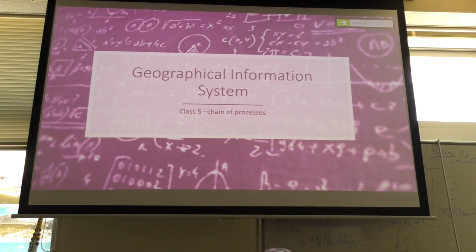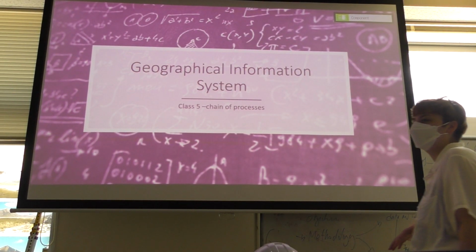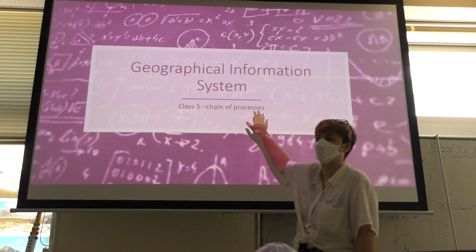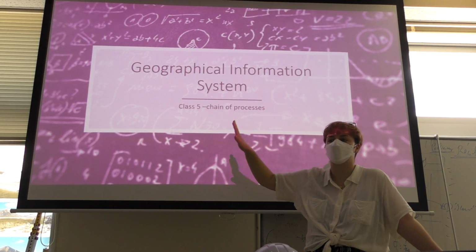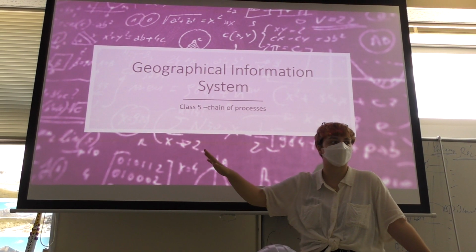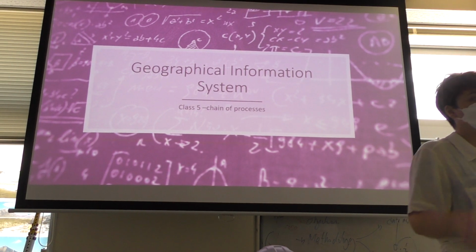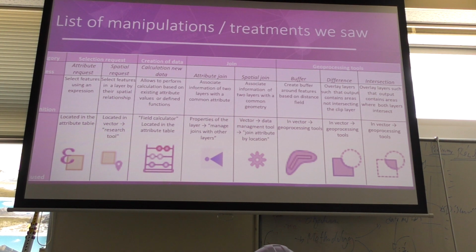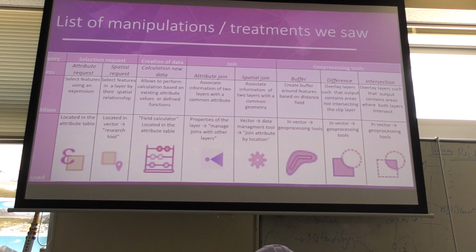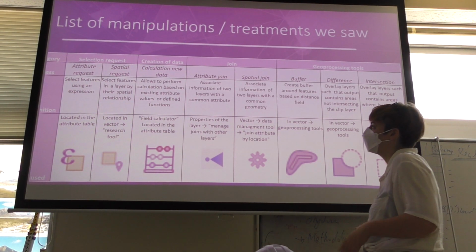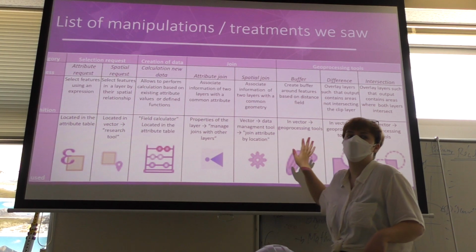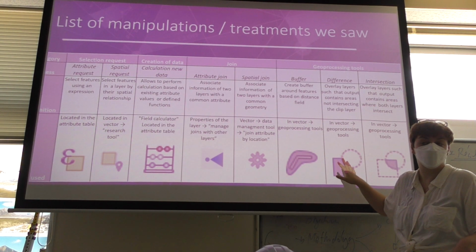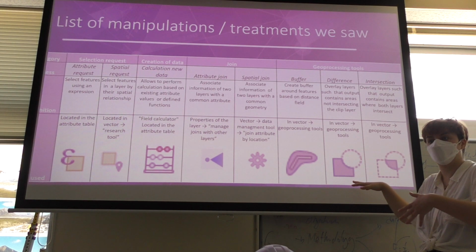About chain of processes. Have you ever heard those words about GIS or not at all? No? Okay. Just to do a bit of a recap of what we did in the first class. This is all the manipulations and all the treatments we talked about during the classes, okay?